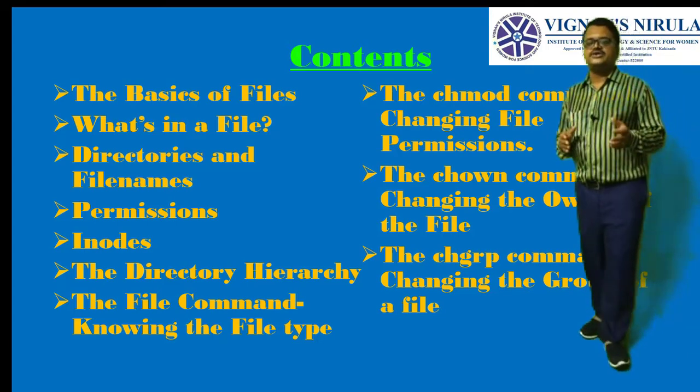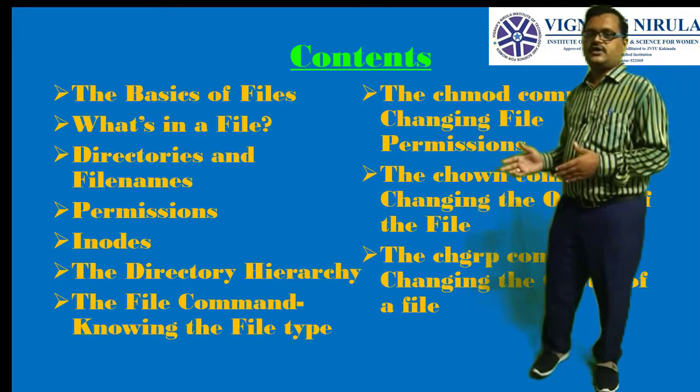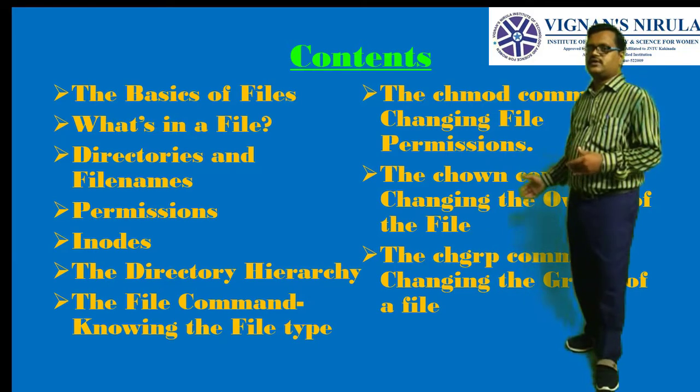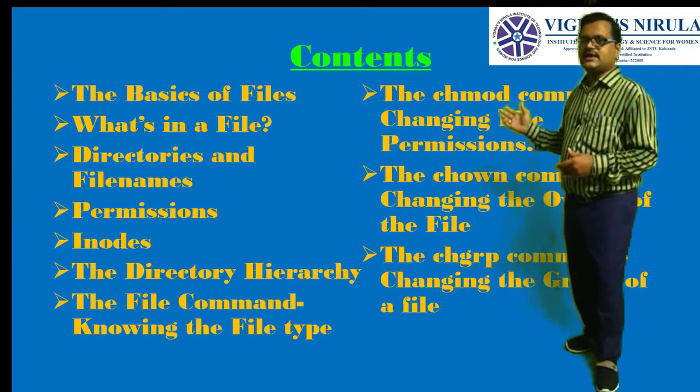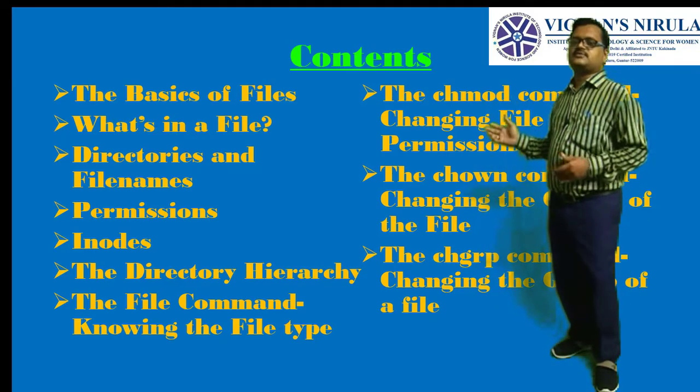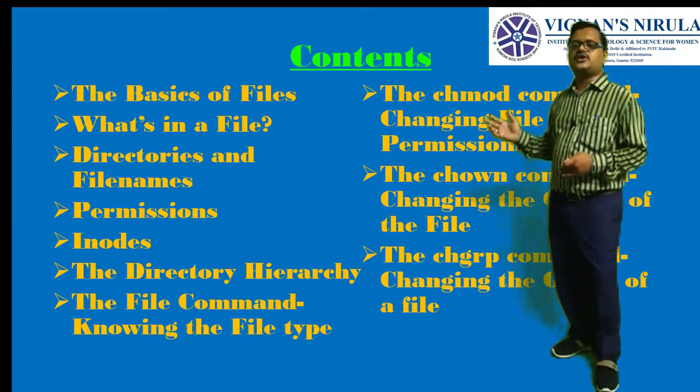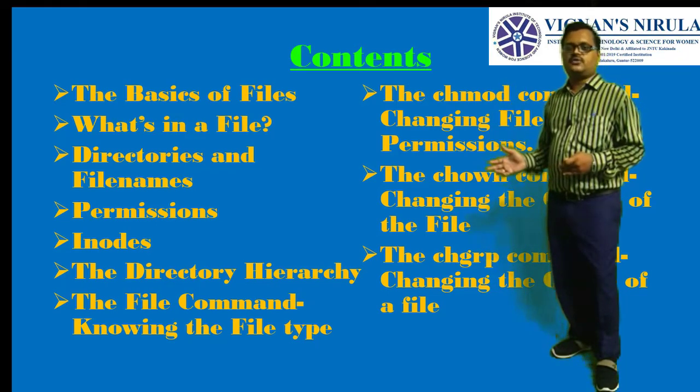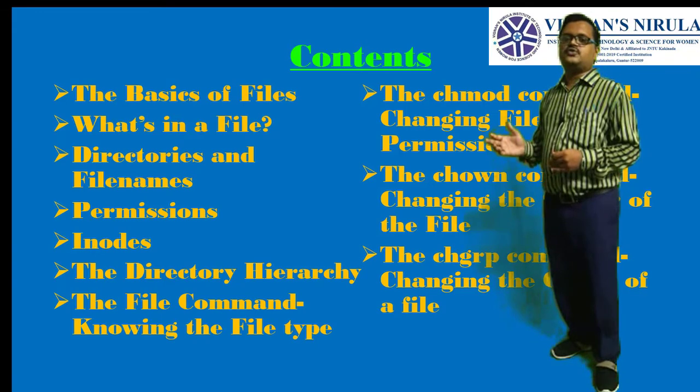These are the different commands which we will study in the second unit. Basically, the entire file system, all the information related to file, we will study in Unit 2. Okay, so this is the Unit 2 overview.